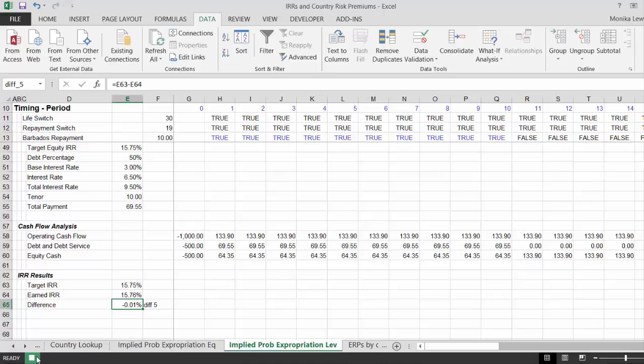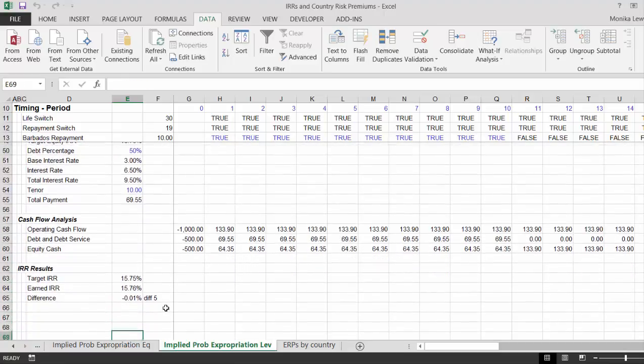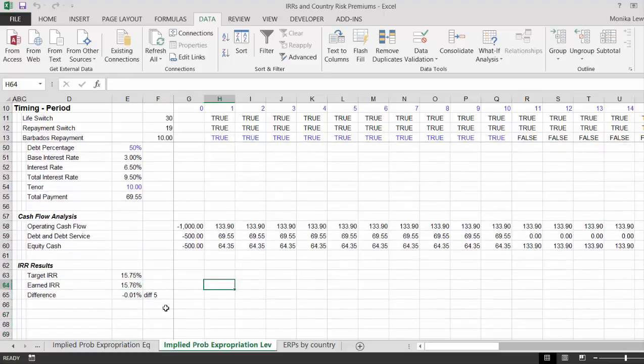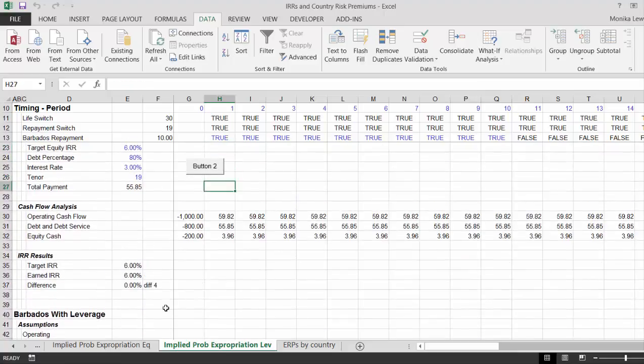When I did something really bad, I moved this around, that's not really a big deal. And shift control C so we can see what's the real inputs. We need 133 for Barbados, and we need 59 for Germany.